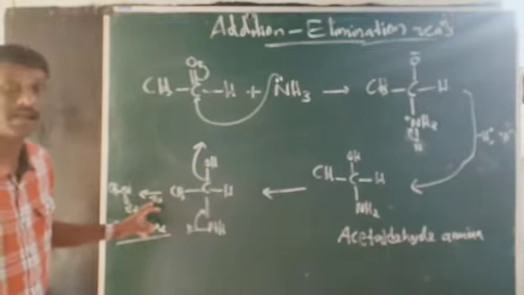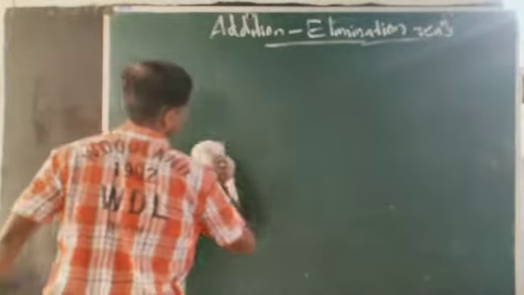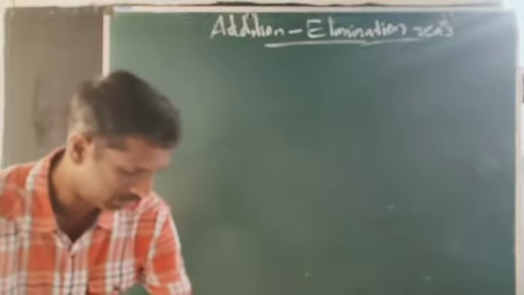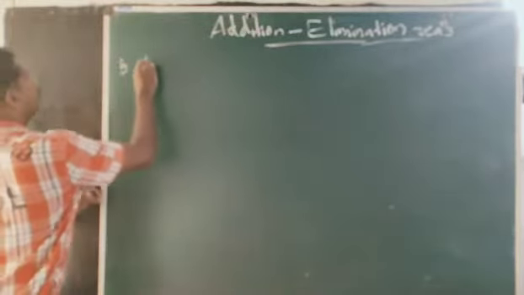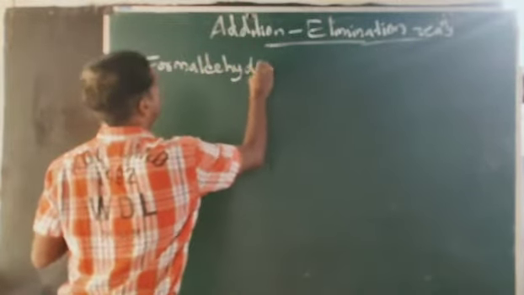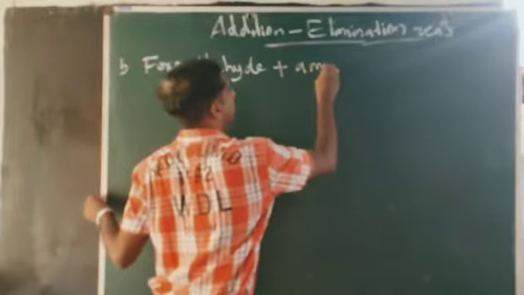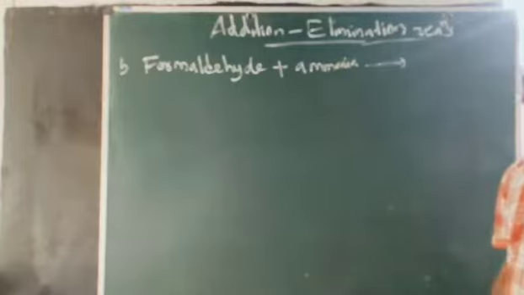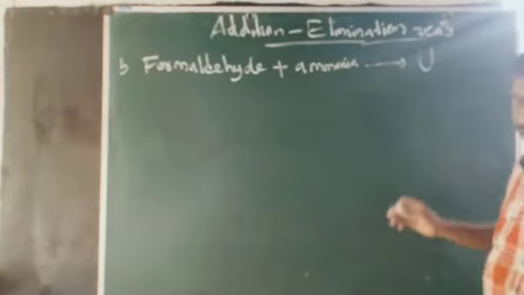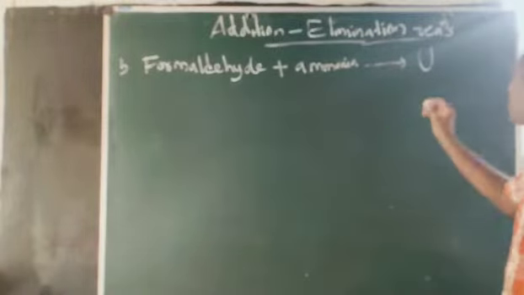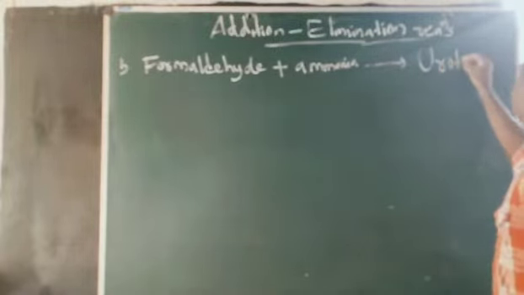So this is the reaction of aldehydes other than formaldehyde with ammonia. Next, formaldehyde with ammonia. What will happen? When formaldehyde reacts with ammonia, we get an important medicine, a drug used for urinary infection, that is urotropin.